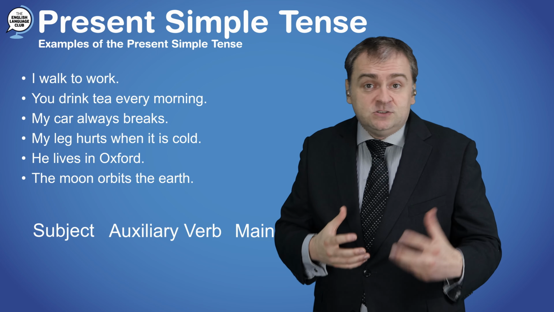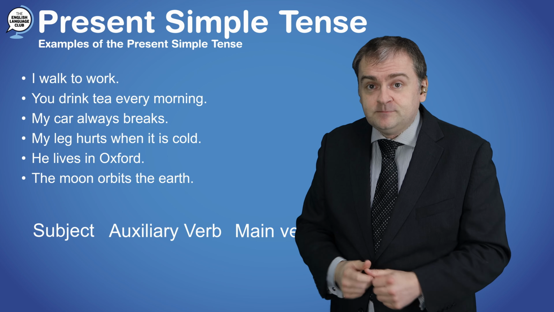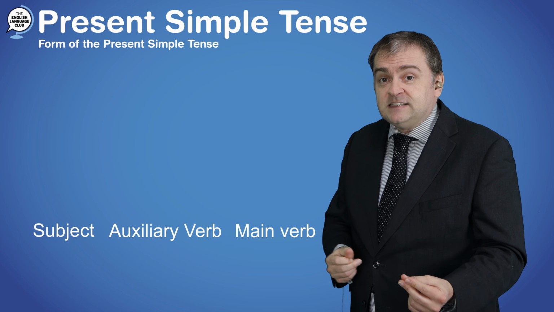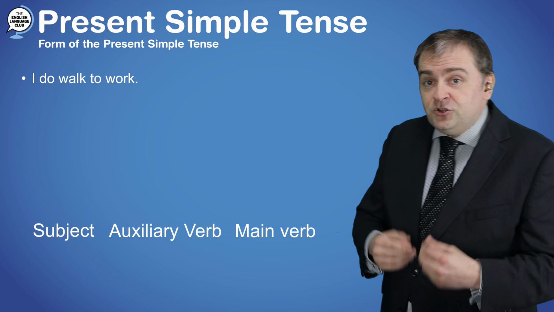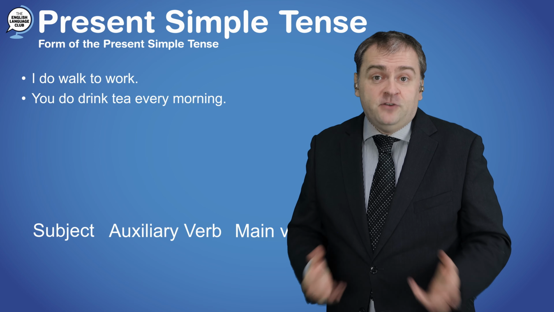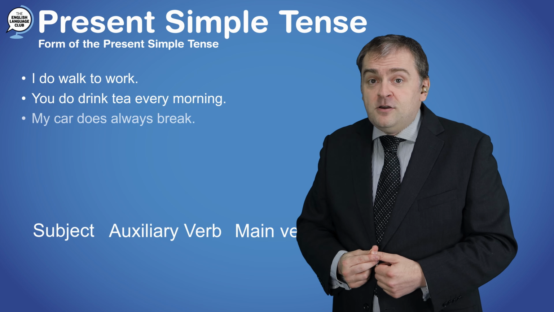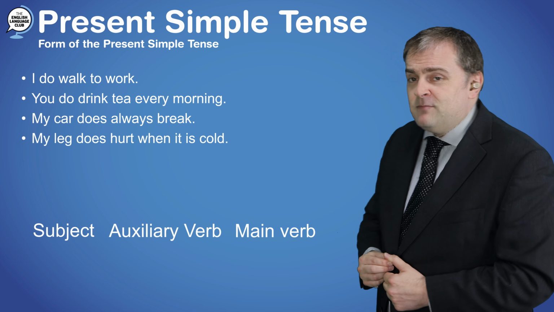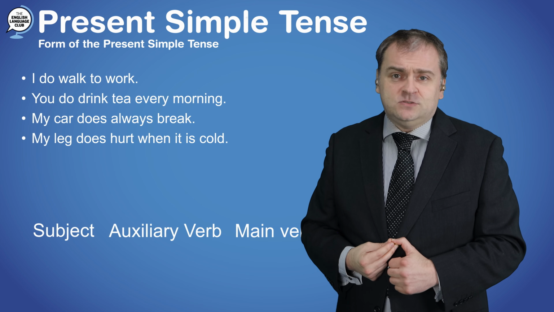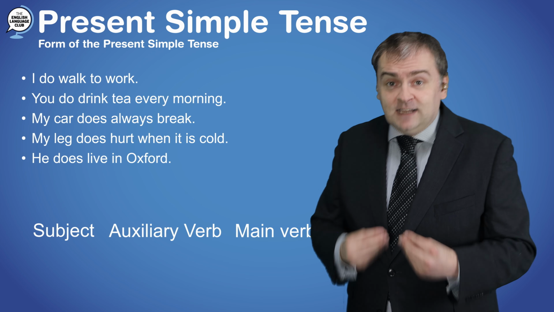We do this when we want to be more emphatic. So you could say, I do walk to work. You do drink tea every morning. My car does always break. My leg does hurt when it's cold. He does live in Oxford.